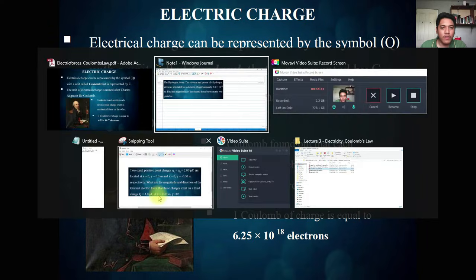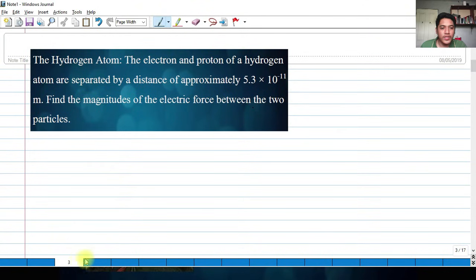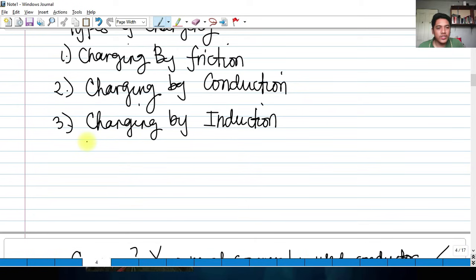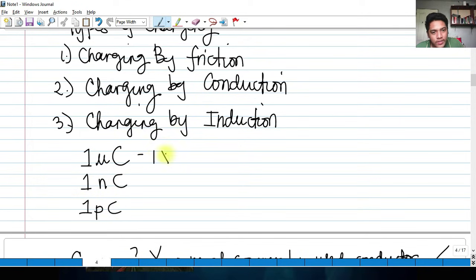Usually in our study here in physics, the charges range from 1 microcoulomb, to 1 nanocoulomb, or even 1 picocoulomb. 1 microcoulomb is 1 times 10 raised to negative 6 coulomb. 1 nanocoulomb is 1 times 10 raised to negative 9 coulomb.